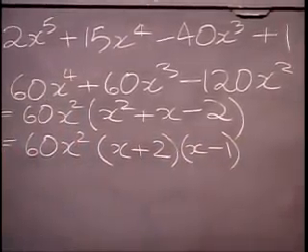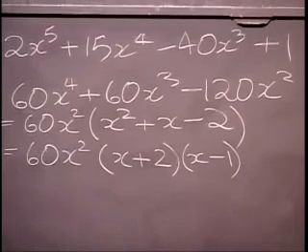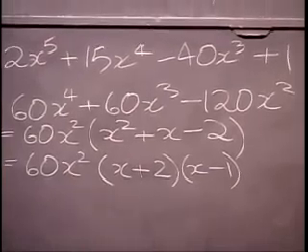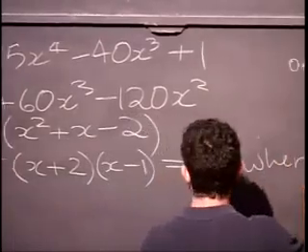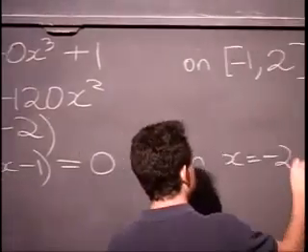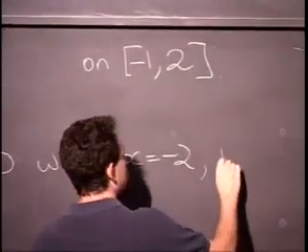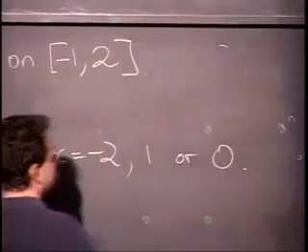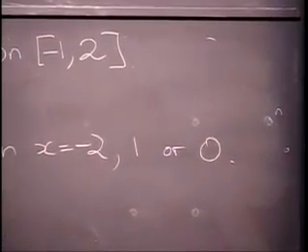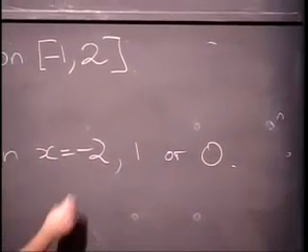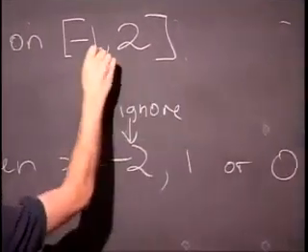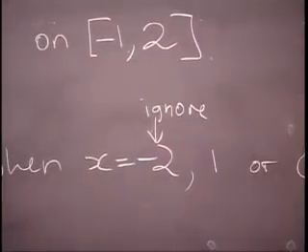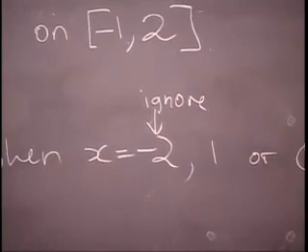So that's the complete factorization. And this is clearly equal to 0 when x equals minus 2, 1, or 0. But this one does not matter. I'm going to ignore minus 2 because it occurs outside the domain of this function f.